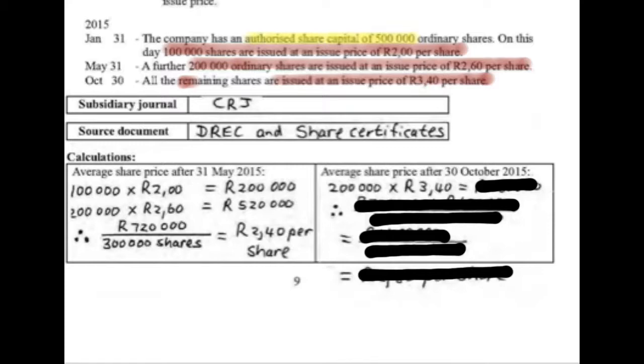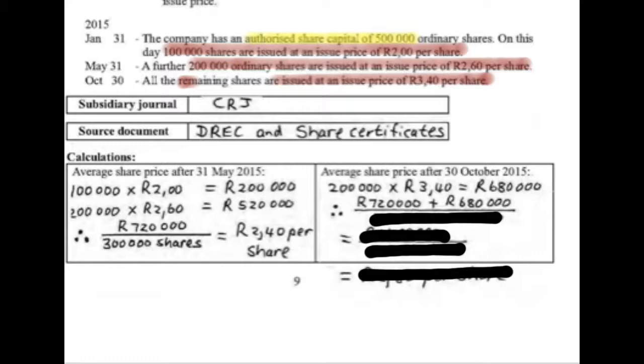That is then a total of 680,000 that we got from issuing these shares. In other words, our share capital amount is 720 plus then the 680. The 720 comes from the first two issuings that we worked out in question number 2. Added to that is the third issuing of 680.